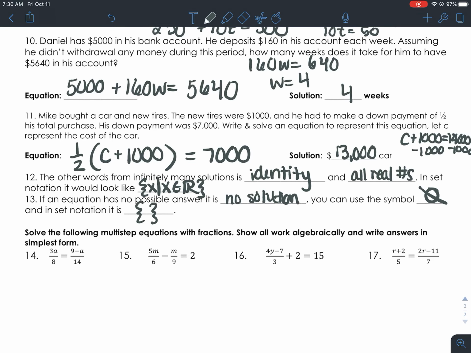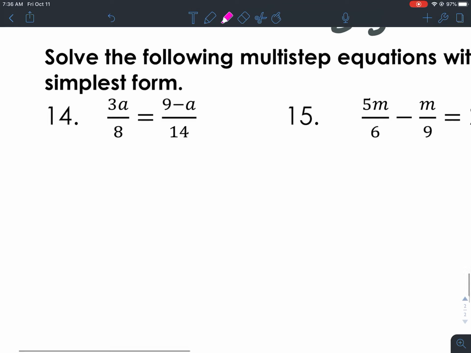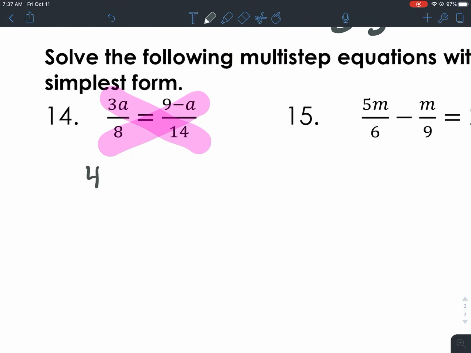We need a couple more questions. This is a long study guide. Okay, so for number 14, I'm going to cross multiply to solve the equation. So that would be 14 times 3a, which is 42a. And then I'm going to do 8 times 9 minus a.